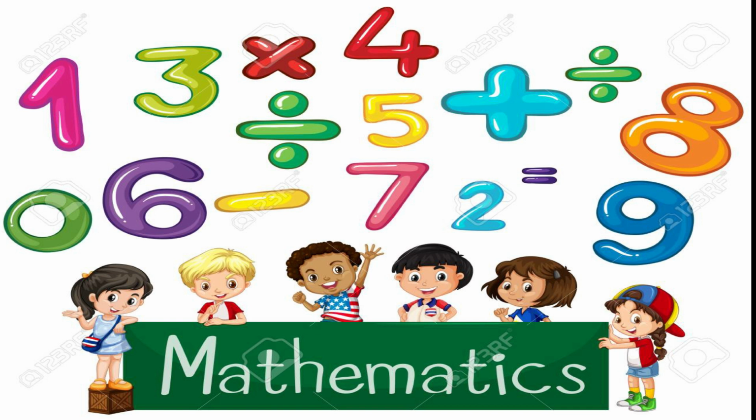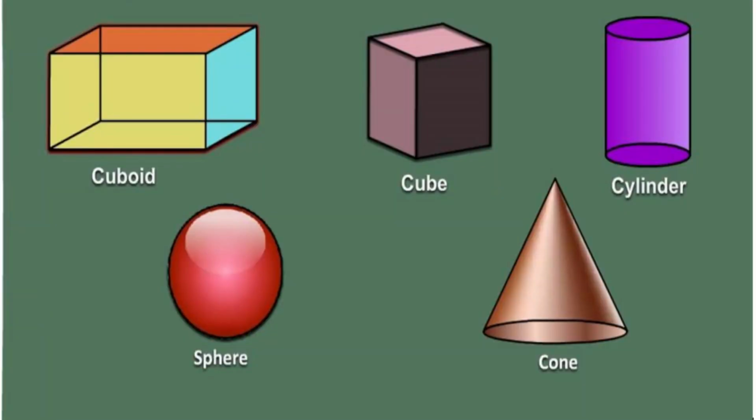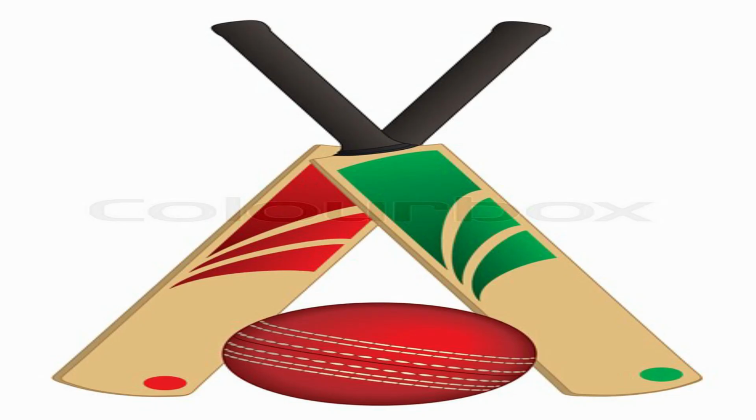Okay, so what have we learned? At first, we learned about 3D shapes or solid shapes. What are they? Cube, cuboid, sphere, cylinder and cone. Then we learned about objects which are long or round.